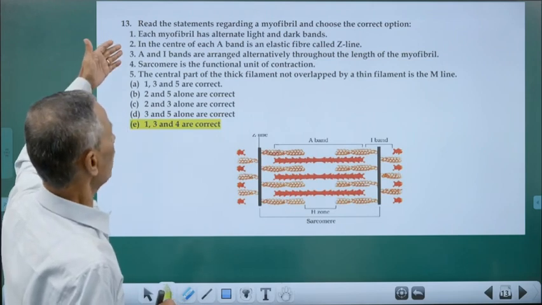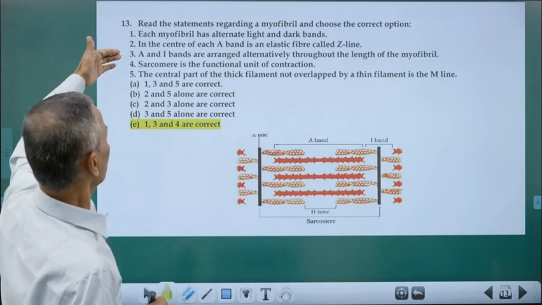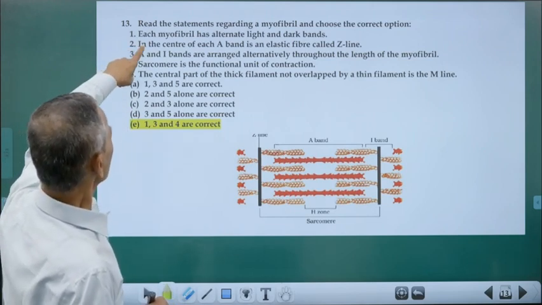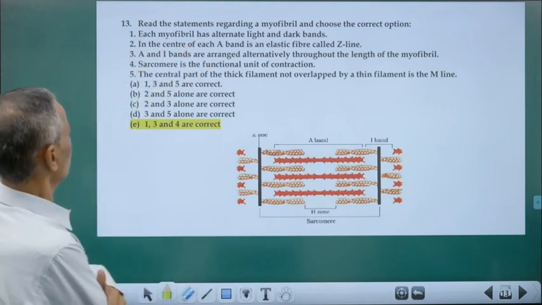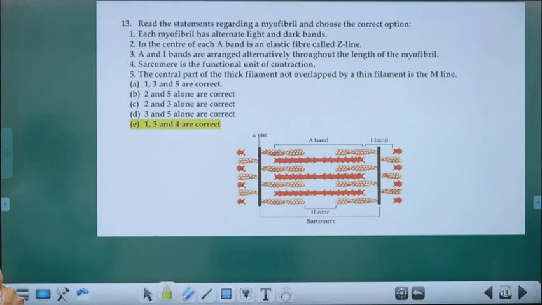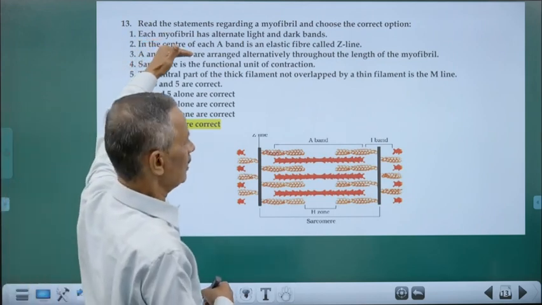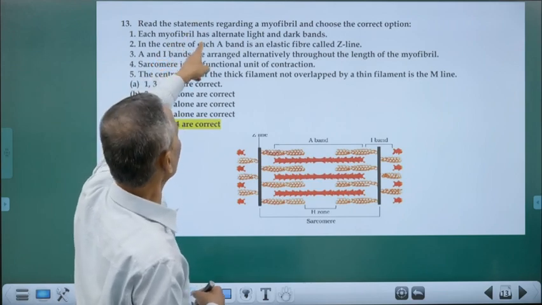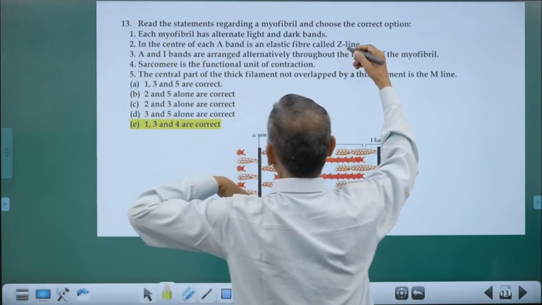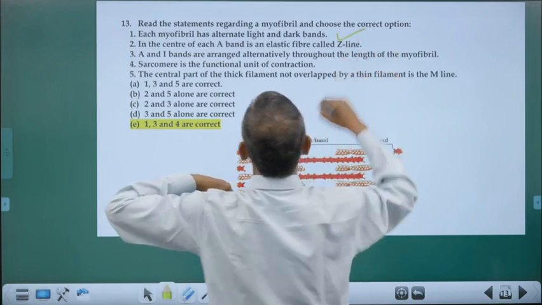Read the statement regarding myofibril and choose the correct one. Each myofibril has alternate light and dark bands present within a skeletal muscle fiber. You are having parallelly arranged myofibrils. Each myofibril is having alternate dark and white bands.